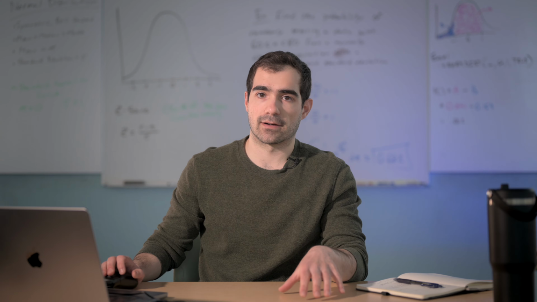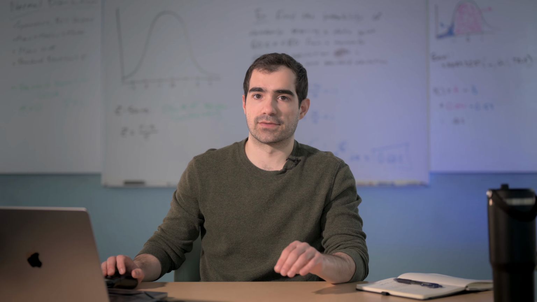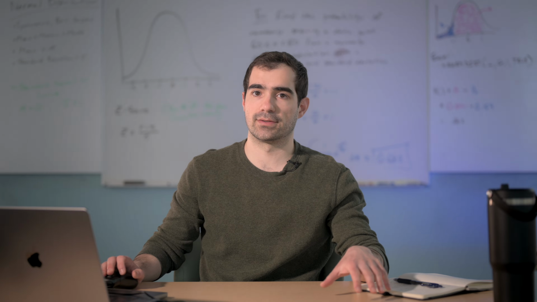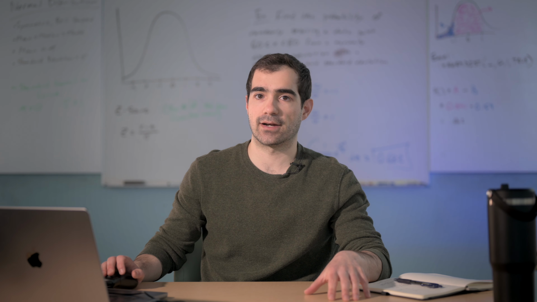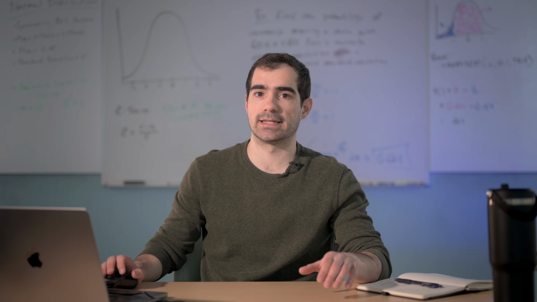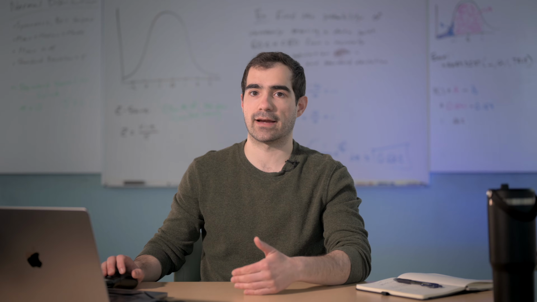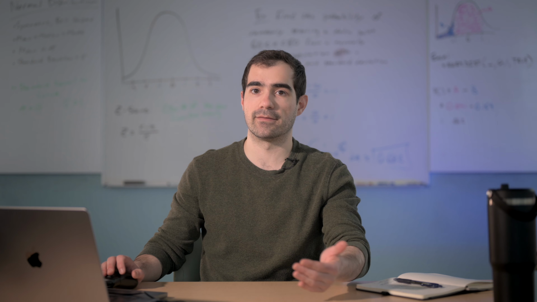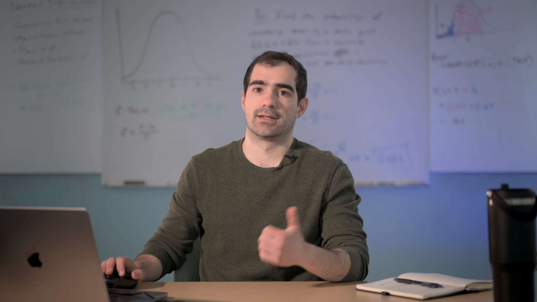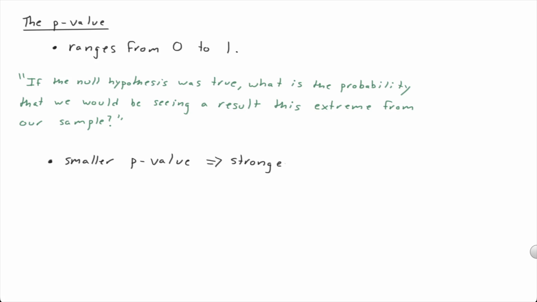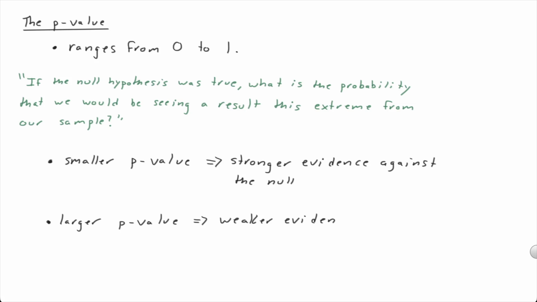So in the context of our example, if the true average of student screen time for all college students was actually at most 8 hours, then what is the probability that we'd see this 8.21 average from our sample being above 8? The TLDR: the smaller the p-value, the stronger the evidence against the null hypothesis. The larger the p-value, the weaker the evidence against the null hypothesis, and our sample results are fairly consistent with the null being true. So we wouldn't be rejecting it in this case.